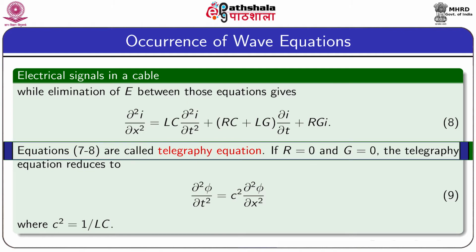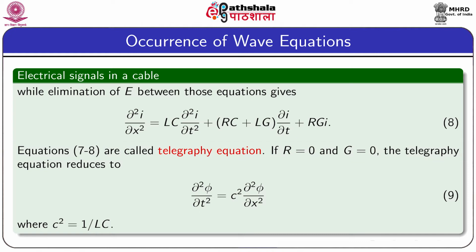From the telegraphy equation, if you assume that resistance R equals 0 and capital G equals 0, then the above equation, or equation 8, reduces to del 2 phi/del t square equals small c square del 2 phi/del x square, and this is nothing but the one dimensional wave equation, where the constant small c square is defined as 1 by L C. So, from the telegraphy equation we can get the wave equation.